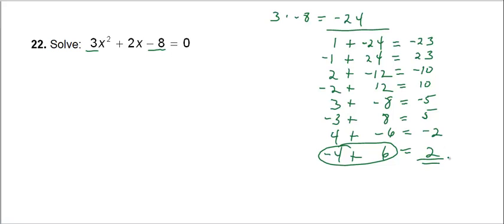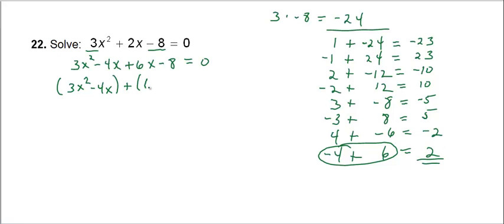So what we're going to do is rewrite our quadratic as 3x squared minus 4x plus 6x minus 8 equals 0. And then we're going to factor by grouping. 3x squared minus 4x, and then 6x minus 8.